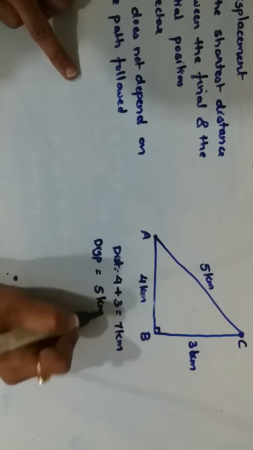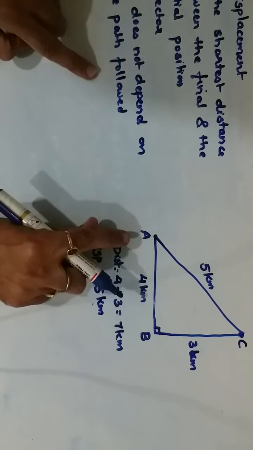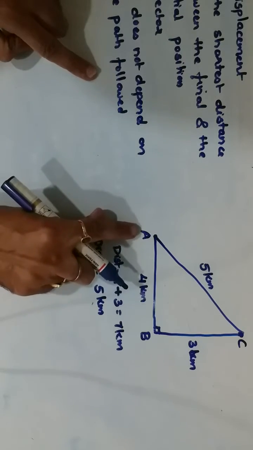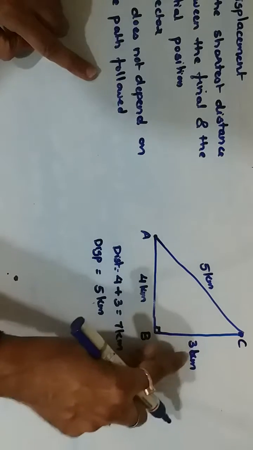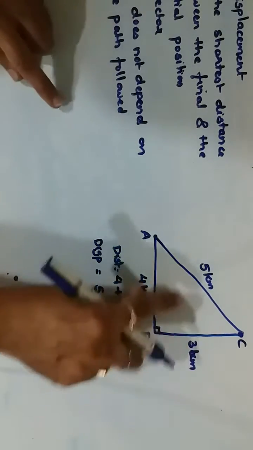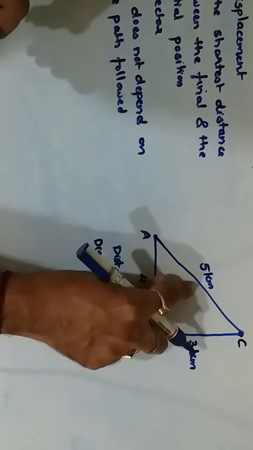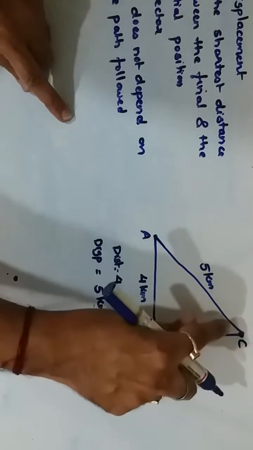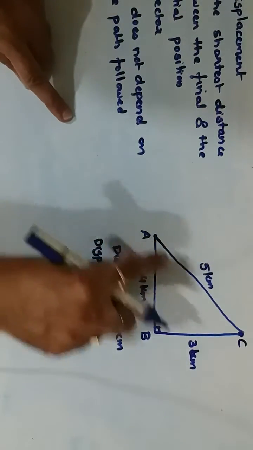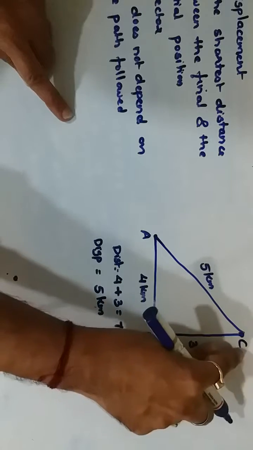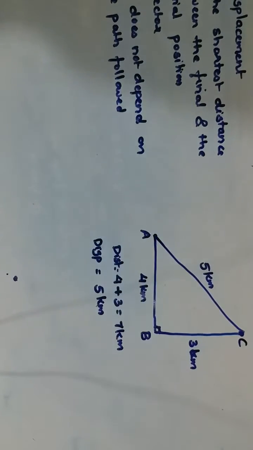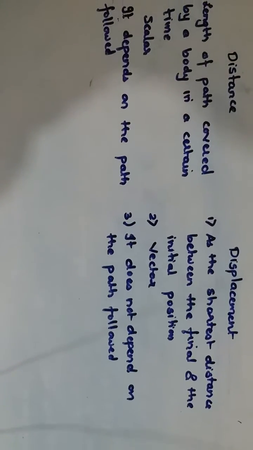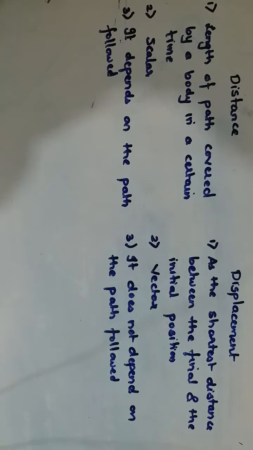Although the path followed was from A to B and then from B to C, totally making 7 kilometers, this is not your displacement. Your displacement is 5 kilometers, because AC is the shortest distance from initial to final. Okay, this was the example for understanding distance and displacement.